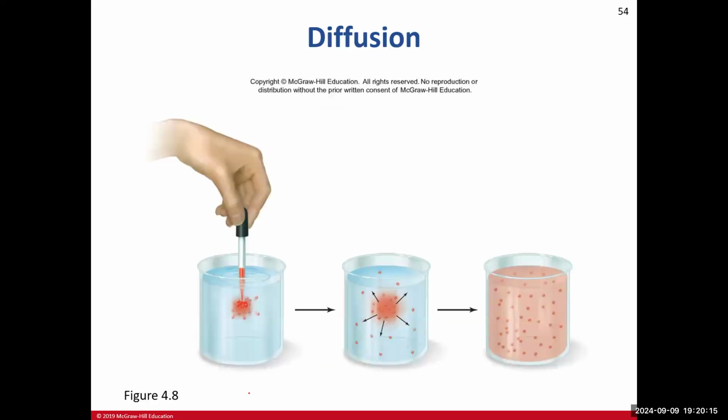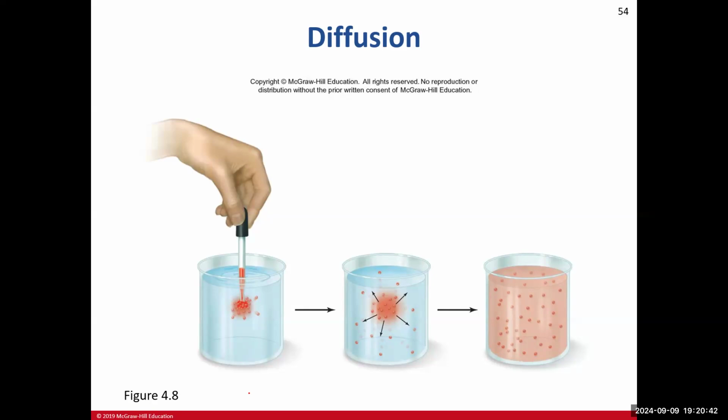All right, so that's what this picture is showing you. You'll notice when the individual is putting their medicine dropper of food coloring into the water here, initially you have a high concentration of the food coloring in this area, but not a lot out here on the periphery. But again, according to diffusion, what we're going to see is movement of a substance from an area of high concentration to low concentration.